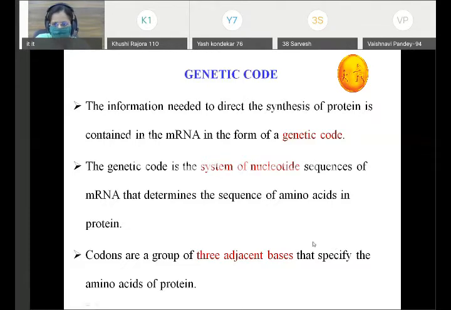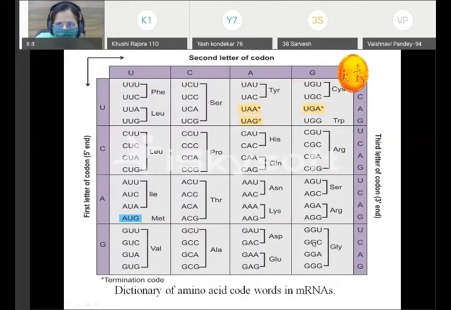Okay, now going to the next slide. So here you can see a dictionary of amino acid code words in the mRNA. On the left side, you can see the first letter of the codon at the 5' end.